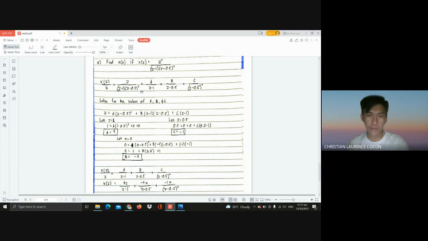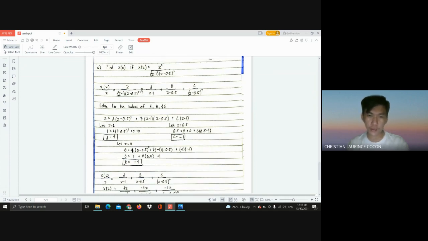By partial fractions, we have A over z minus 1 plus B over z minus 0.5 plus C over (z minus 0.5) squared. So solve for the values of A, B, and C.